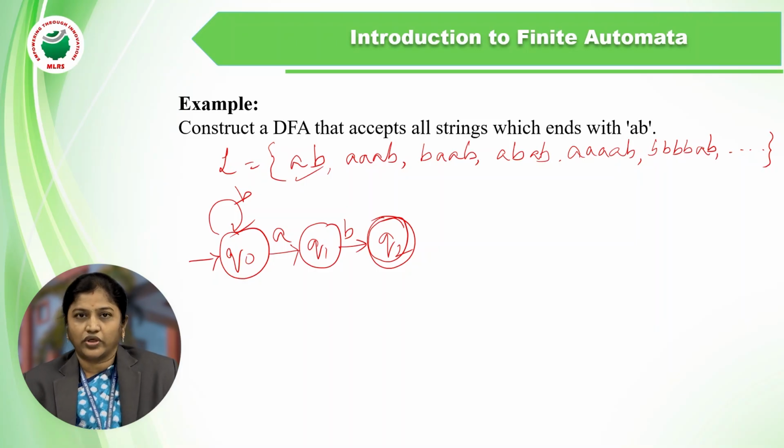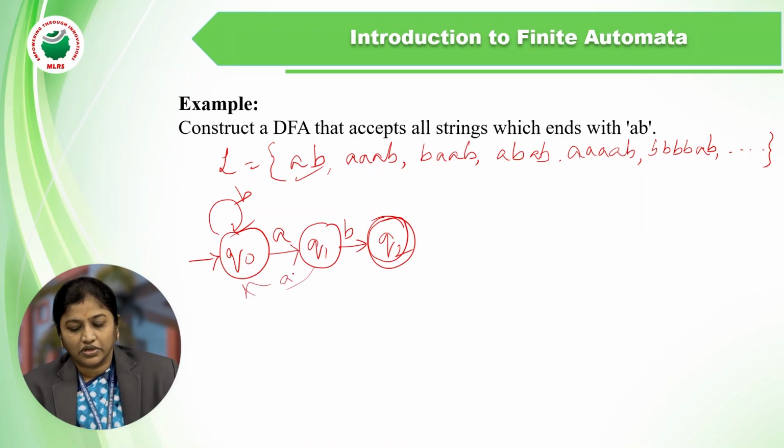Next we'll check Q1. Q1 with B is done. And what about A, where should we take the transition for input symbol A? Is it possible for us to take A here? Q1 with A? No, because already 1 A is there.